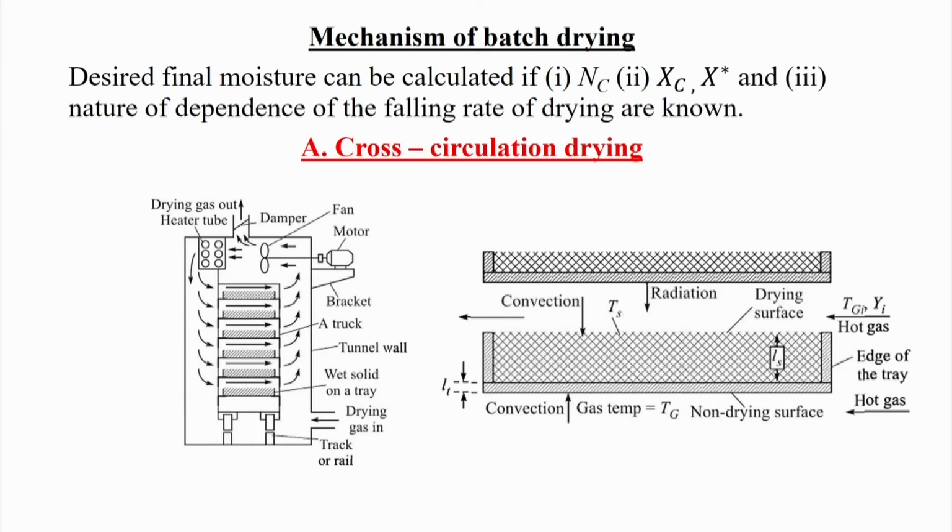If we discuss the mechanism of batch drying, we will consider two different cases. One is cross circulation drying, and the other is through circulation drying.